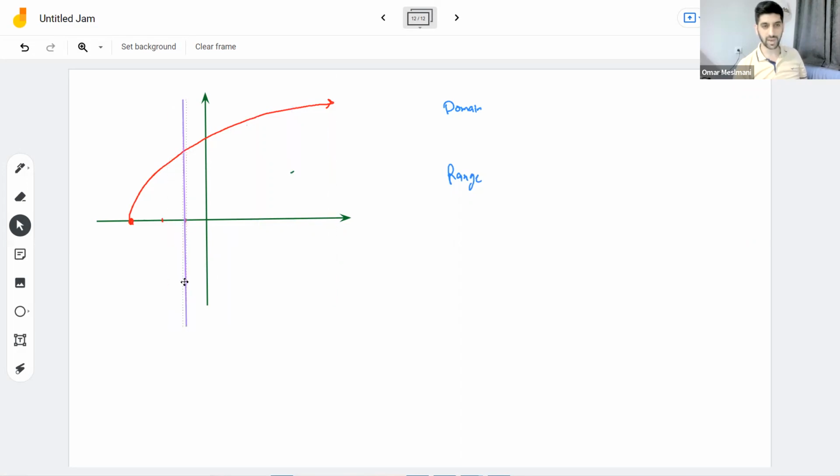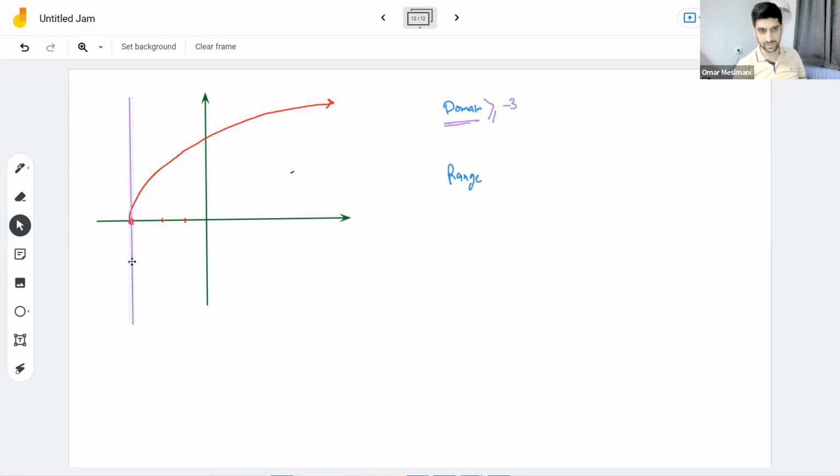At -1 I have, at -2 I have, at -3 I have, but I will stop at -3 because at -4 I'm not going to have. So at -3 I do have an intersection, but at -4 I don't. So I'm going to say right now, my domain has to be greater than or equal to -3. Why greater than or equal to -3?